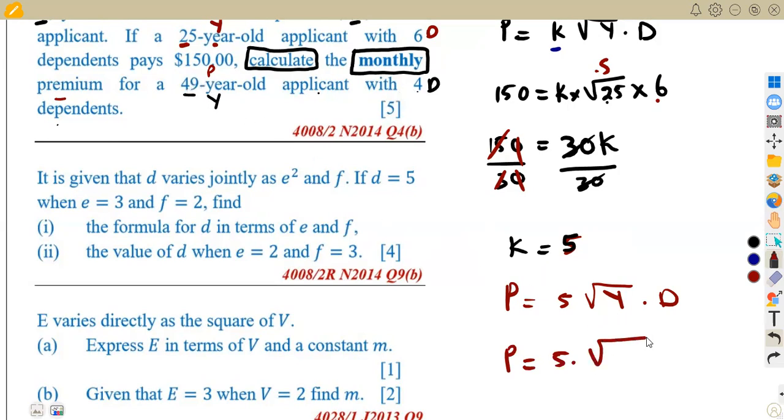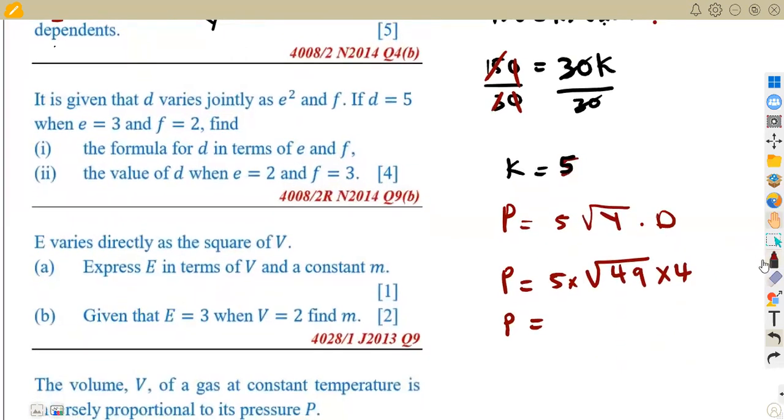So it's going to be the square root of 49 times the number of dependents, which is 4. That is going to give us P, the annual premium. The square root of 49 is 7, so you can multiply 5 times 7, and we can multiply everything.